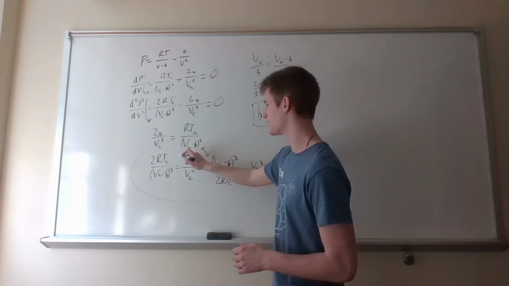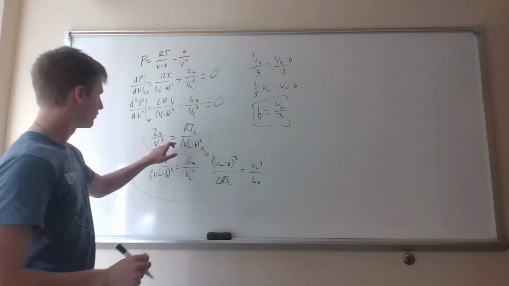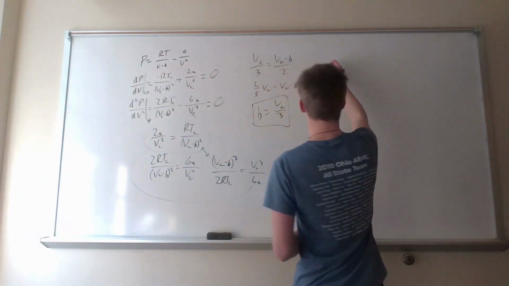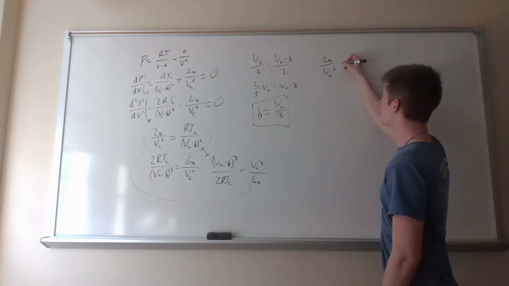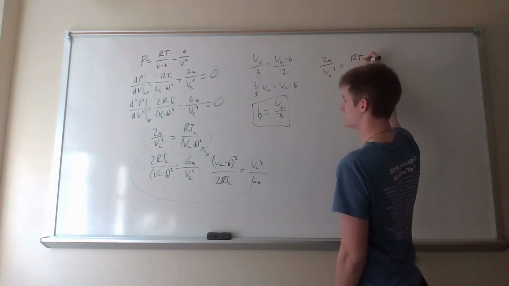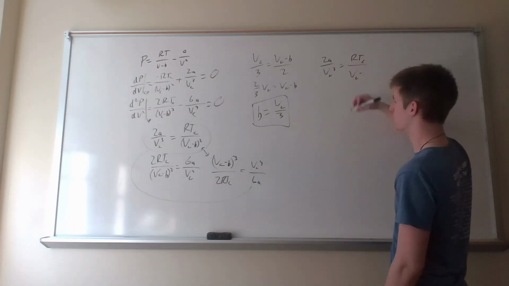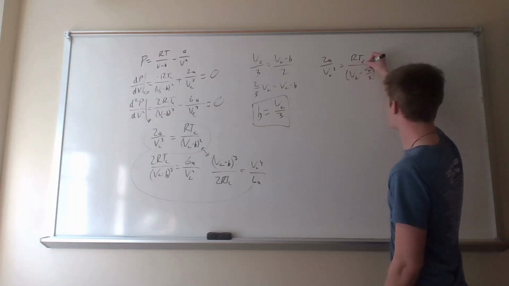So if we take this equation here, we can substitute B. We will have 2A over Vc cubed equals RTc over (Vc minus Vc over 3) squared, right?